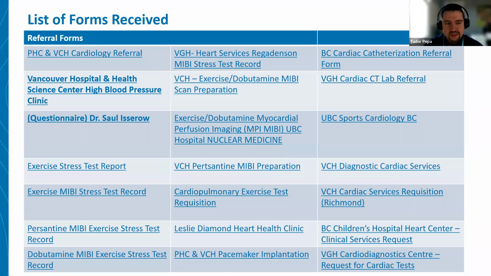Two of them that really came forward that might be with you: there's a hospital high blood pressure clinic. There's no high blood pressure clinic at all. No, but I just want to double check if that form is ever used. Those doctors retired, so not at all.